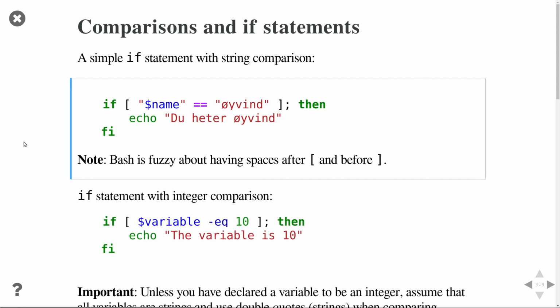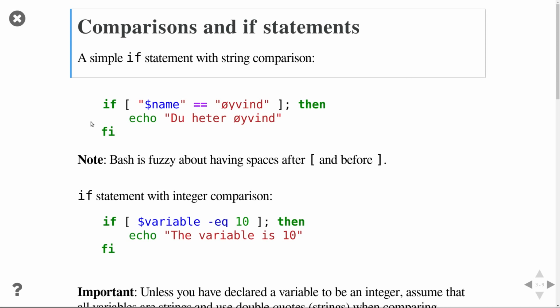There's something else that you need to be aware of. You might be wondering, why did I use these double quotes here around the variable? The reason is that I essentially want to make sure that I convert this variable into a string, and I use these double quotes for that. Because this is specifically a string comparison, this is the syntax of it. So if this variable name was already a string, then I wouldn't have needed these quotes.